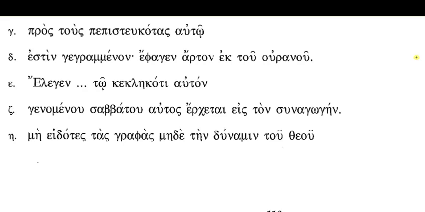So someone, he, she, or it, was saying, tō kekalēkoti auton. What kind of form is kekalēkoti? That's a perfect participle. How can you tell?